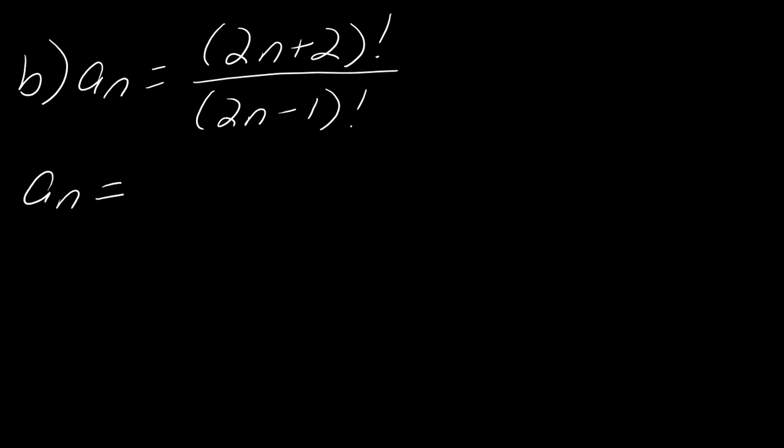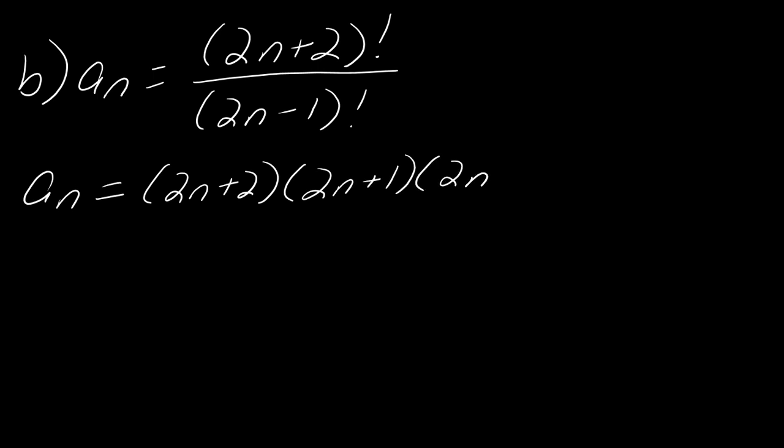If I think about blowing this out for a moment, the top will be 2n plus 2, and then I multiply 2n plus 1, and then 2n, and then 2n minus 1, and this is just going to keep going down the line until we get to 4 times 3 times 2 times 1. That's what a factorial is. I start here, and then I just multiply by one lower number until I've gone through the whole thing.